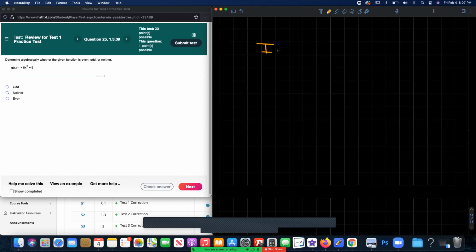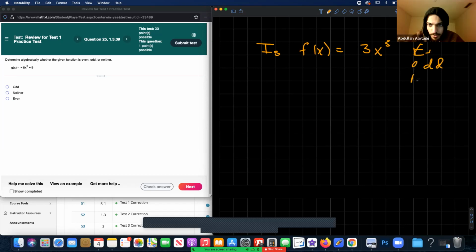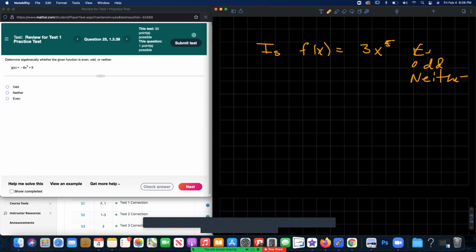Is f of x equal to 3x to the 5th even, odd, or neither? This one is odd. Absolutely right. How can I prove it? We basically plug in negative x.